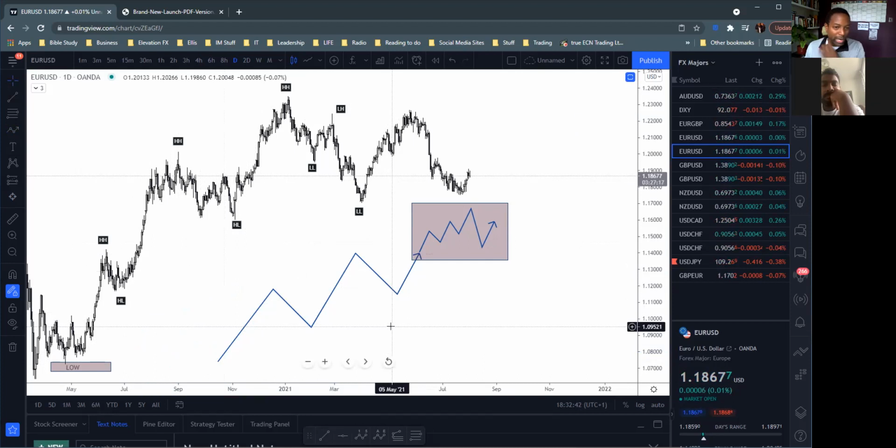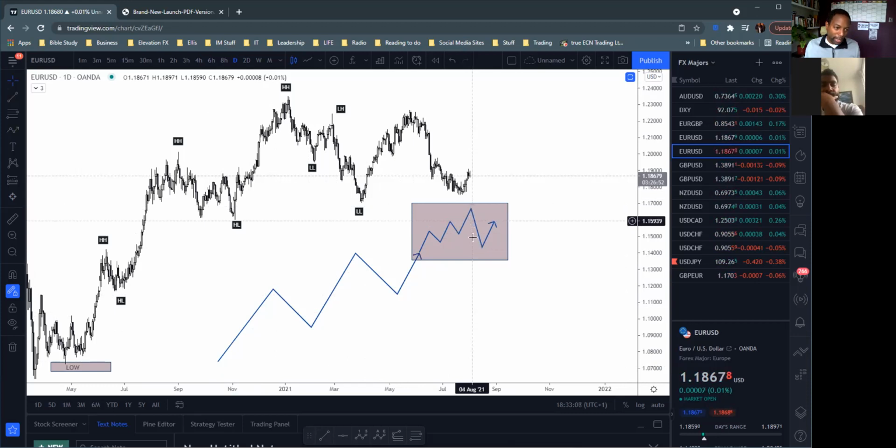And so it becomes really key to be able to spot what we call, I'm going to throw another word in here, a change of direction or break of structure. When is the market breaking its structure of higher highs, higher lows, higher highs, higher lows, higher highs?